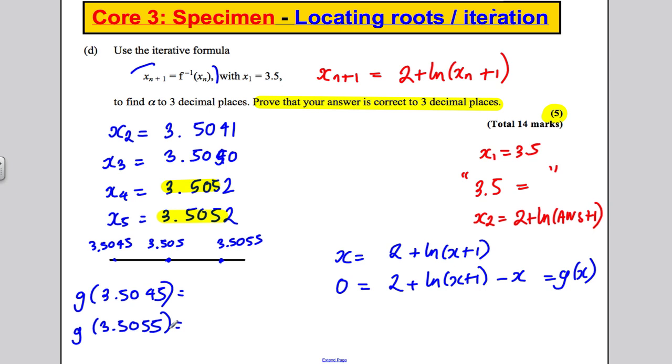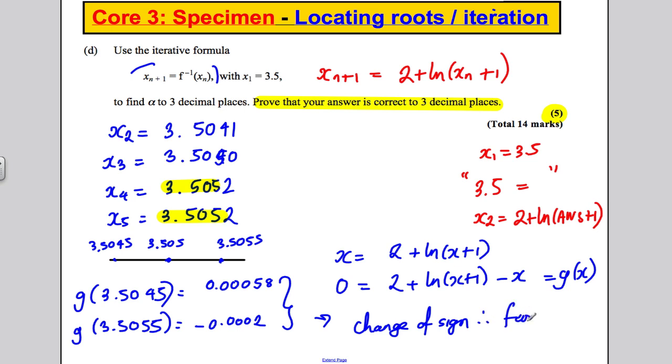I'm going to work that out at 3.5045, and I get myself 0.00058, and I work that out at 3.5055, and I get myself negative 0.0002, and therefore from these I say change of sign, g continuous, therefore root in this interval, therefore root is 3.505 to 3dp. And we're done.